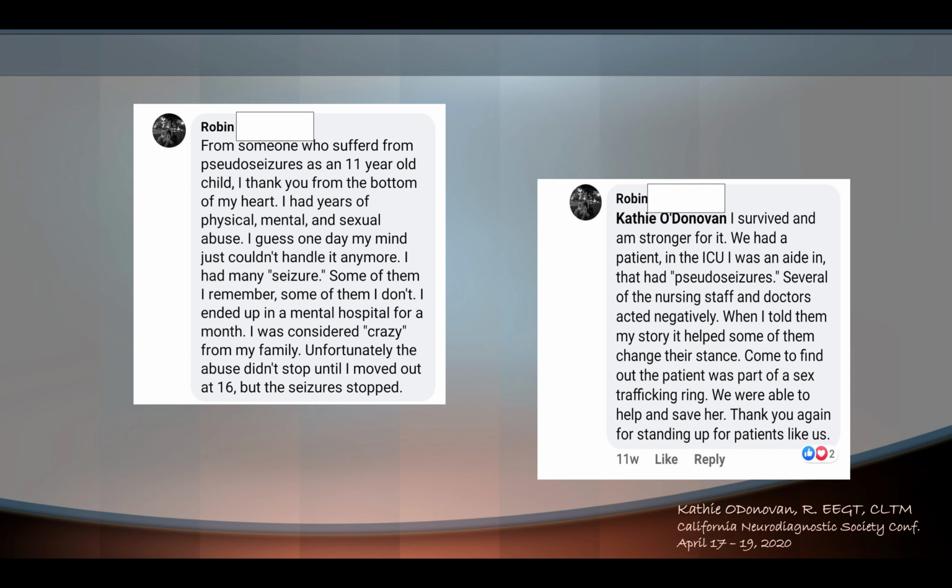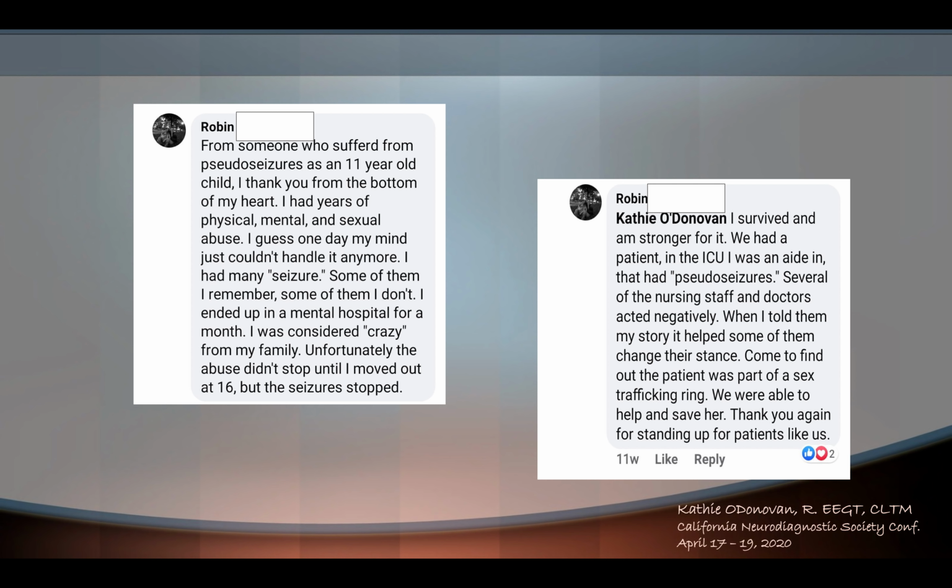And then she says, I responded to her on that, and she said, I survived and I am stronger for it. And then she tells the story of her being, it sounds like a nurse's aide, in the ICU, and there was a patient there that had pseudo seizures. And she says several of the nursing staff and doctors acted negatively toward that patient and about that patient.